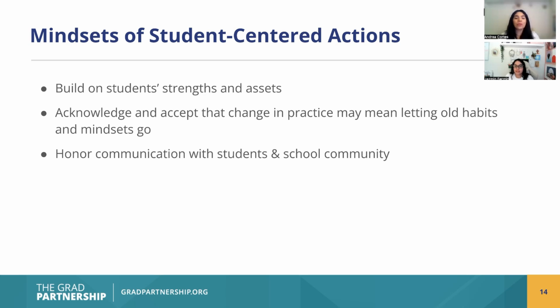So we are reframing how we communicate with students and families to be reciprocal. Sharing feedback with students and school communities, and welcoming feedback from them, is necessary too. So we're going to take another moment for some reflection.